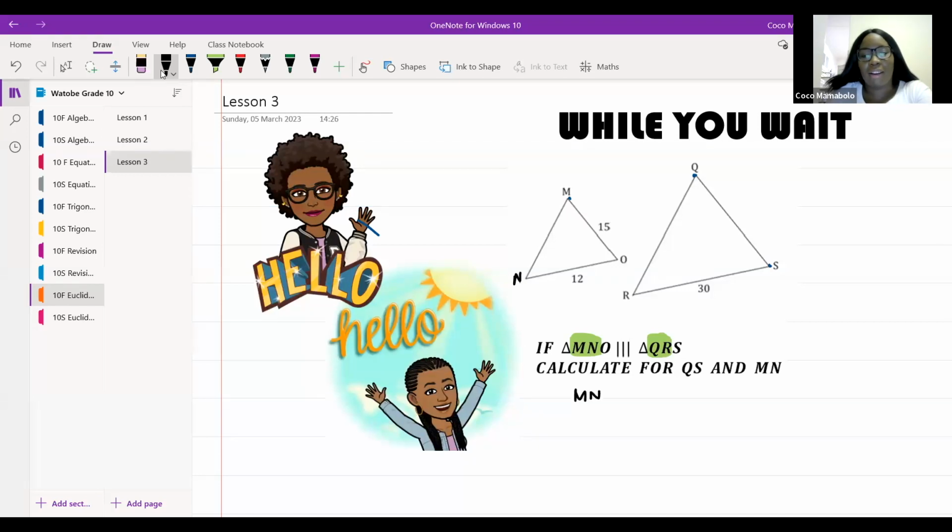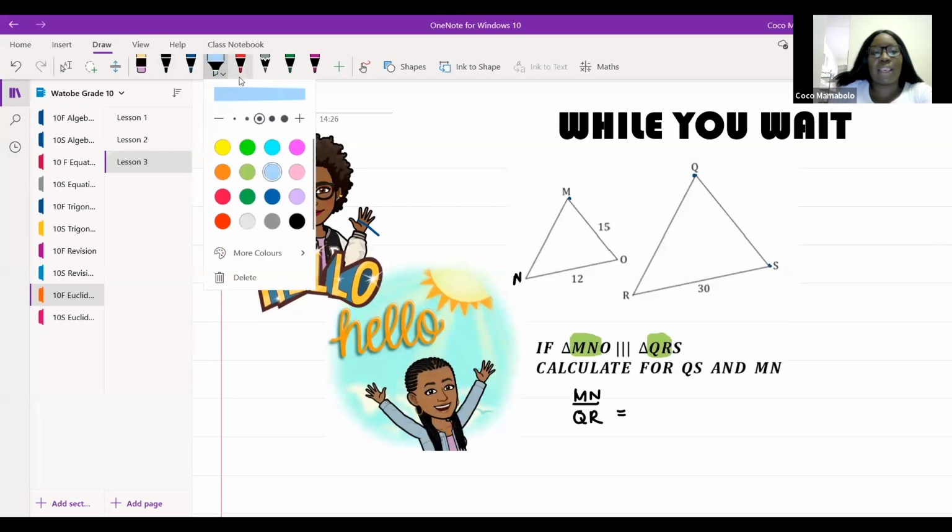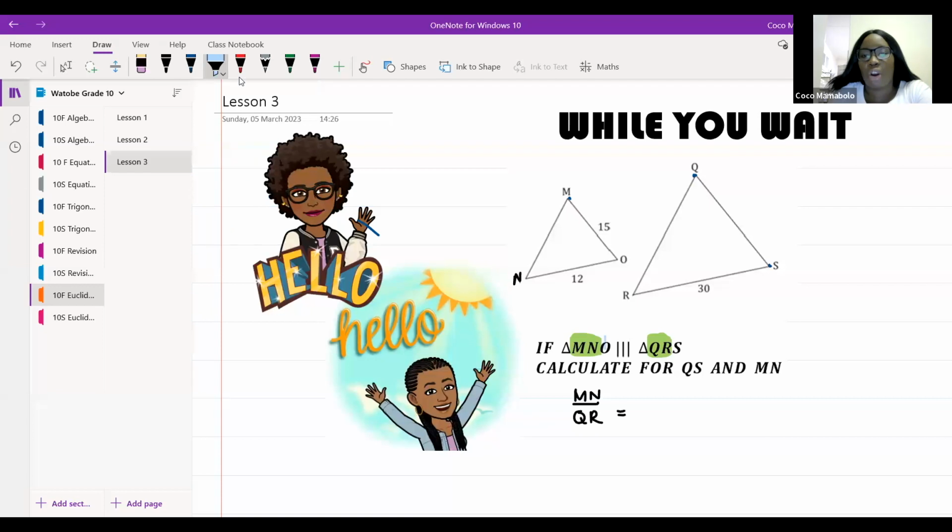MN over QR is the same as the ratio of NO to RS, which is also the same as, first and last, MO to the ratio of QS.